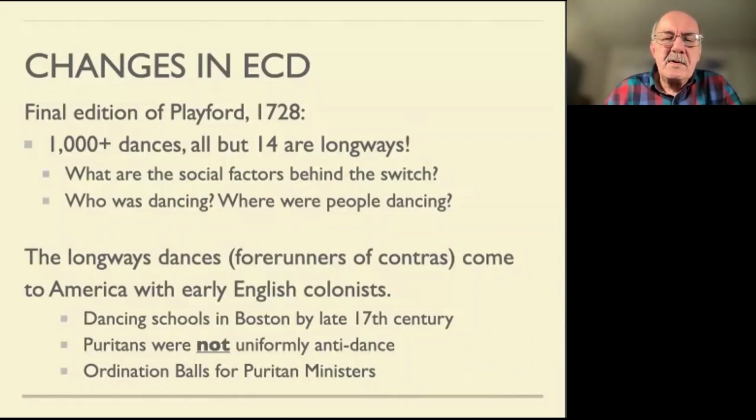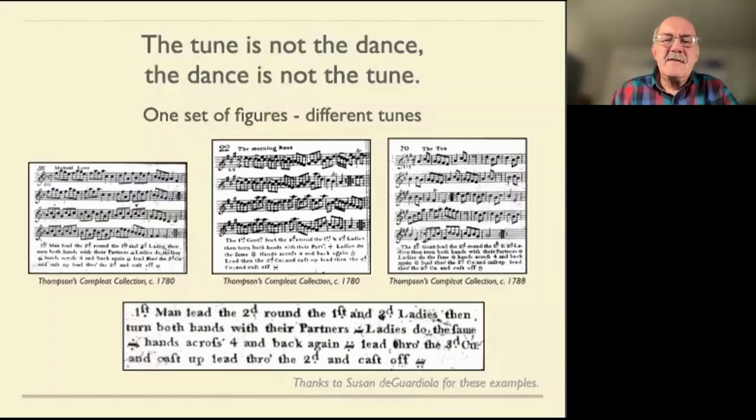And it's important to remember that when we think of a dance and look at dance publications, it means different things in different periods. So the tune does not necessarily mean a set of figures. Here are four different tunes, each with the same set of figures.